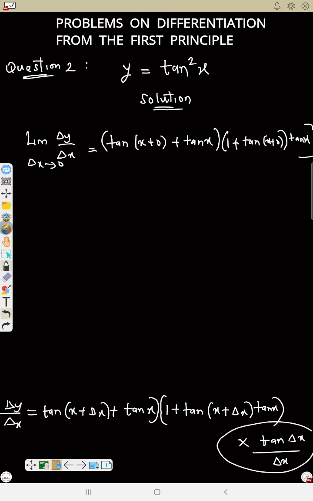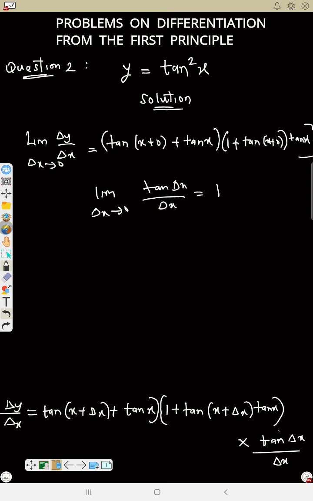All this becomes 1 because the limit as dx tends to 0 of tan dx over dx is equal to 1. So all this expression is 1. So that means everything there is times 1.